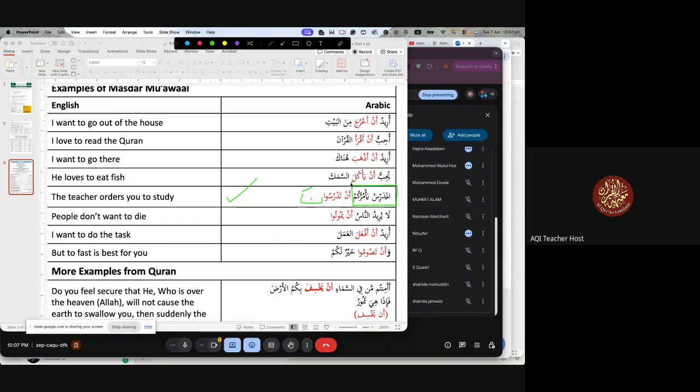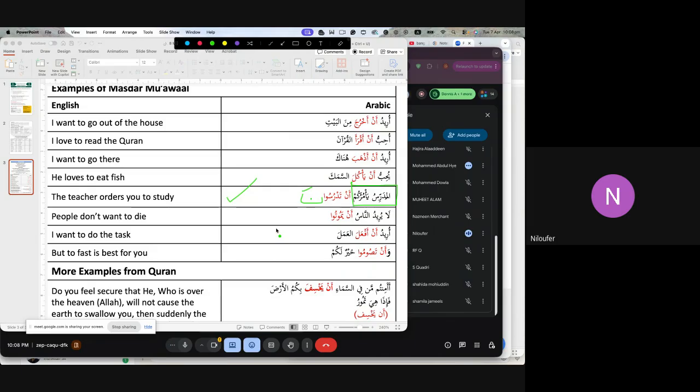Just analyze the grammar here, Sister Nilufa. Al-Mudarrisu ya'murukum: the teacher orders you. You can take it as Jumlatul Ismiya. Mudarrisu is the mubtada.